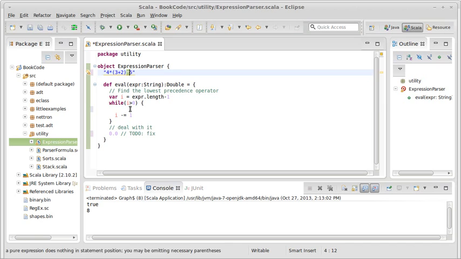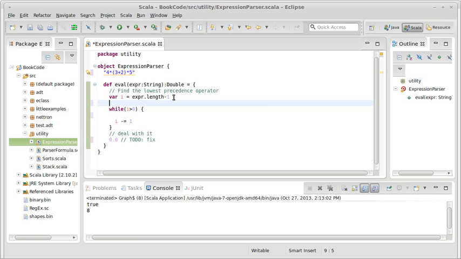The way I want to implement that is basically if you're inside of parentheses, you can't be the lowest precedence operator.